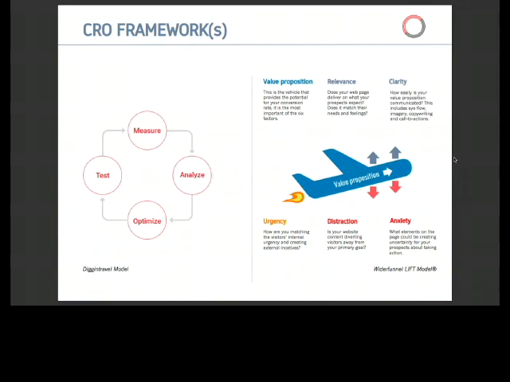It's a 4-step framework: measure, analyze, optimize, and test. But what is most important in this model is that it's a loop. Like I said before, leaders do this on a constant basis, and it's a constant loop where they iterate these phases in a very fast way. So this is a very simple approach to CRO.